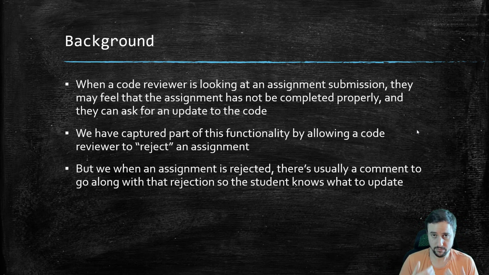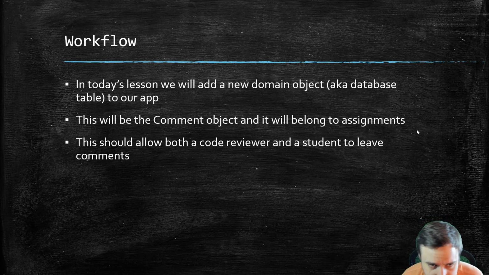The assignment is not properly completed, so they may reject it. Now, we have this functionality already in our application. They have the ability to reject an assignment and send it back to a student, but the part that we're missing is, along with a rejection, there should be some means by which the code reviewer can leave a comment, and vice versa. The student should be able to leave a comment as well on that same assignment.